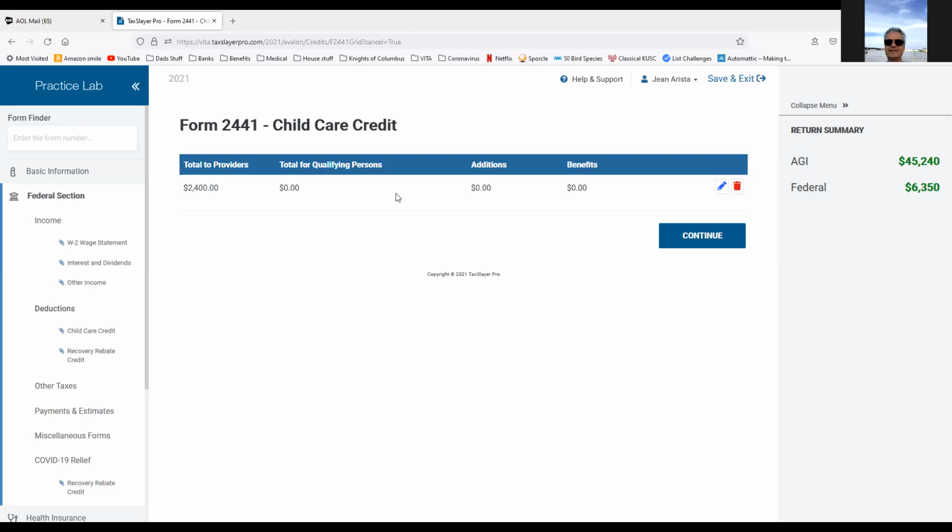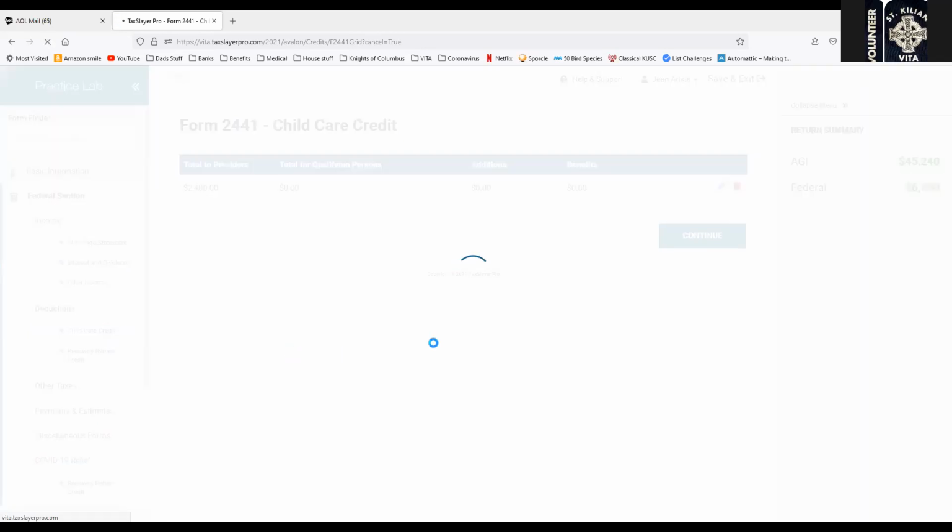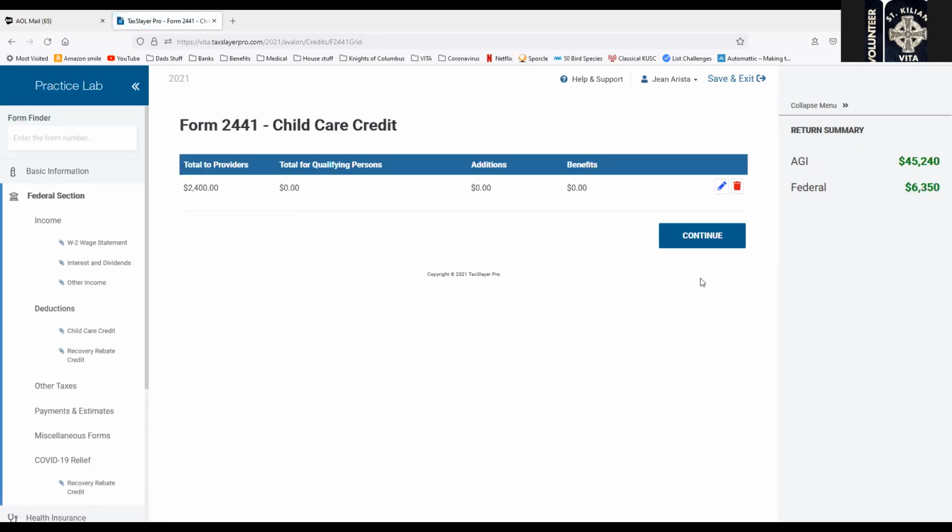So this is on step 2 on the previous page that we were at. Let me see. On page 2 of F2441. This form here, but on page 2. All right, I'll go back. Let's see if we can solve this.